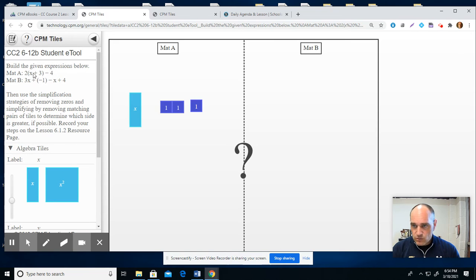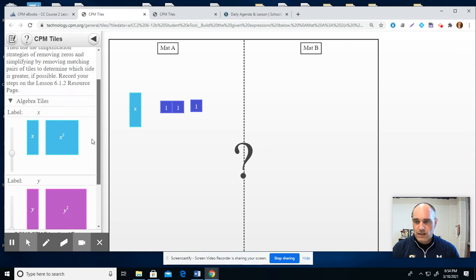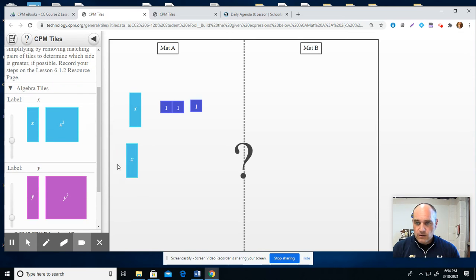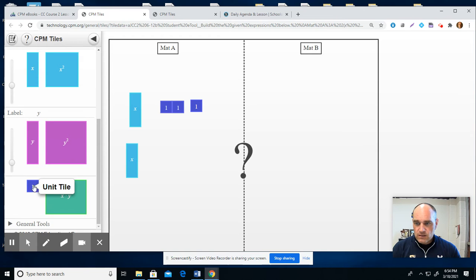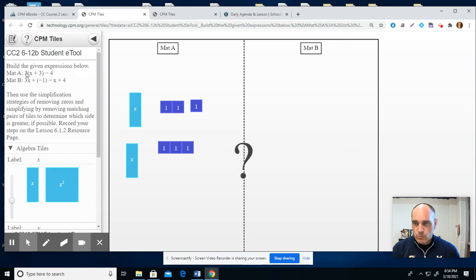Okay, so I've got this group of x plus 3, and that's times 2. So I have two of these groups of x plus 3. I need another group. So here's another x, here's another 3. So there is the first part of this expression, two groups of x plus 3. And then I need to have a minus 4.